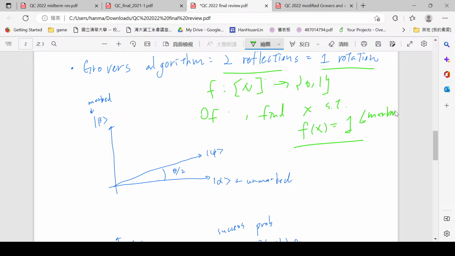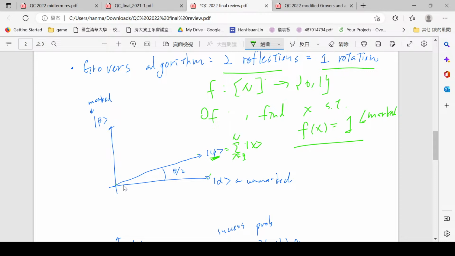When we run Grover's algorithm, we start with this equal superposition of all x. We apply Hadamard on 0, and we get this equal superposition of all x, some x from 1 to n.